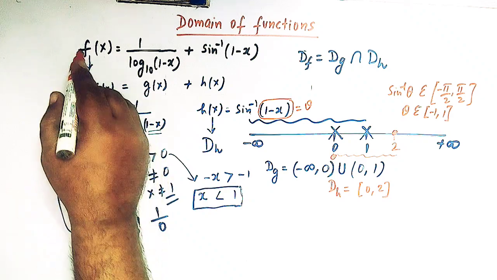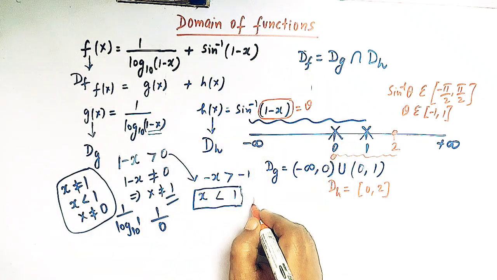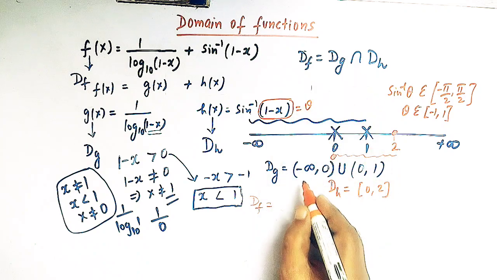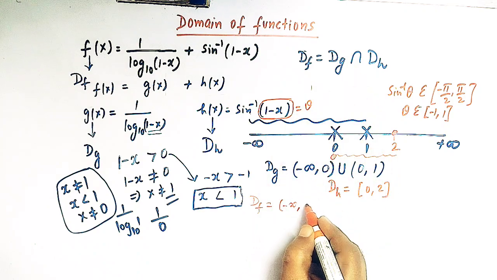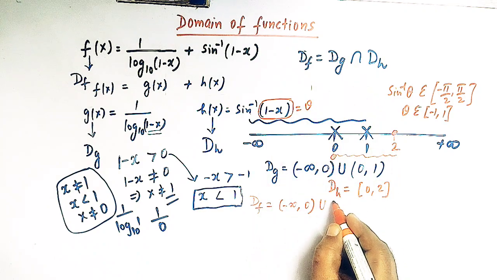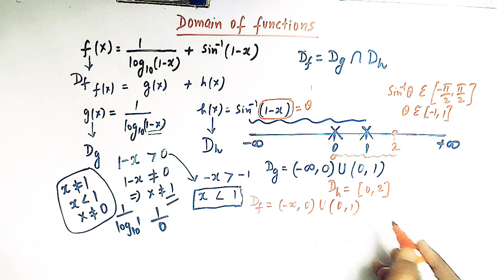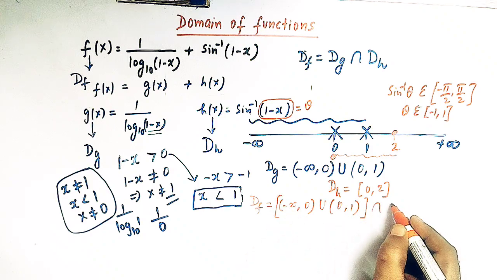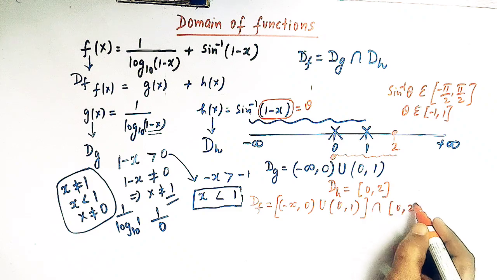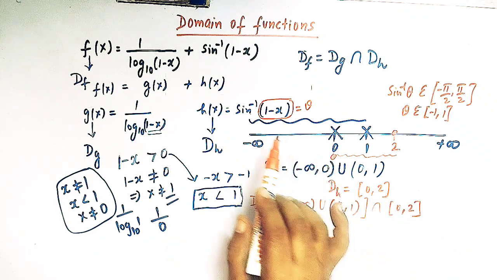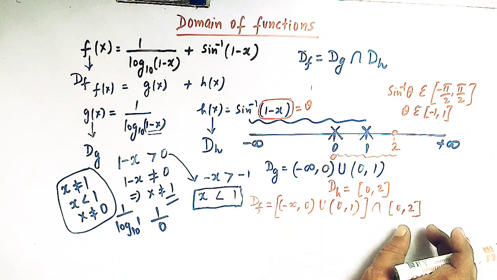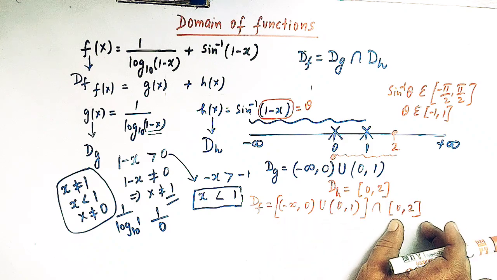So now let us write the domain of the function f as Df. Dg is given by minus infinity to 0, union 0 to 1, and then we have the intersection with Dh, which is 0 comma 2, right? So now we have to take the intersection of these two sets, right?